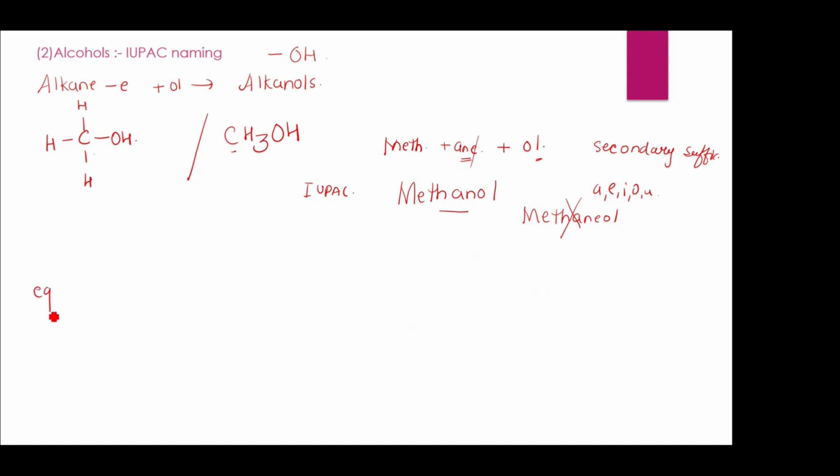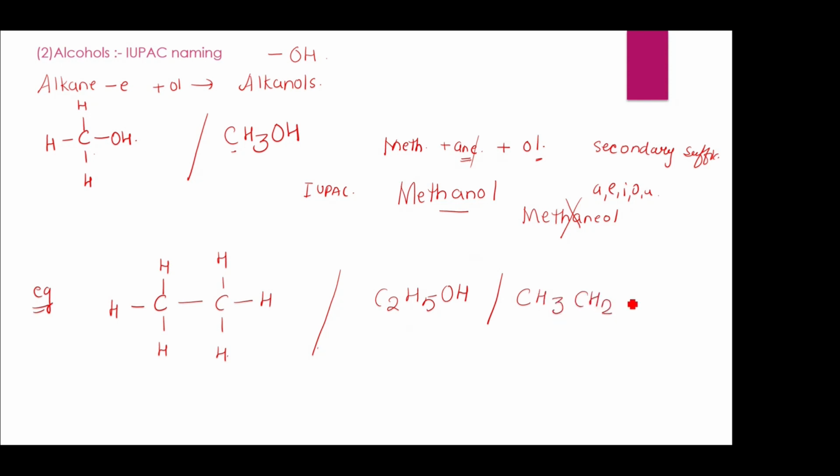Let's see another example for this. CH3CH2OH. Always try to write the structural formula so that you will not make any mistakes. This can also be written as C2H5OH, or you can also write it as CH3CH2OH.